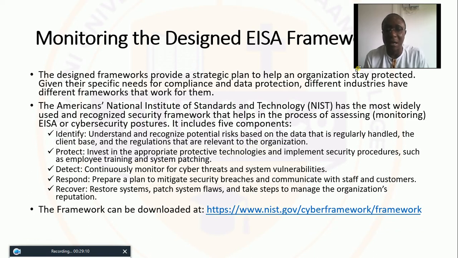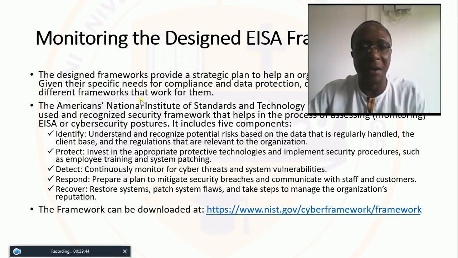NIST has 5 distinct procedures which are called identify, protect, detect, respond, and recover. All these are clearly explained in their framework, which I've talked about from time to time. You can go through and study it, and in case of any question about NIST, you can simply ask me, and I'm freely available, and I can assist you on how to go about it. It's a framework which is very famous and quite widely used.